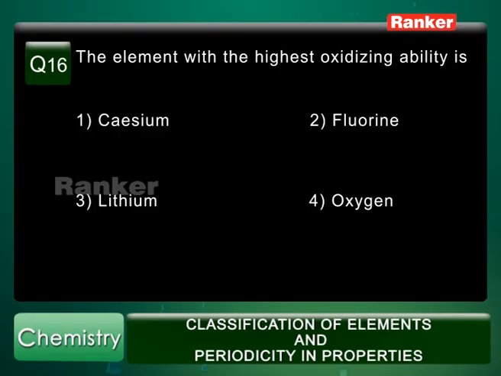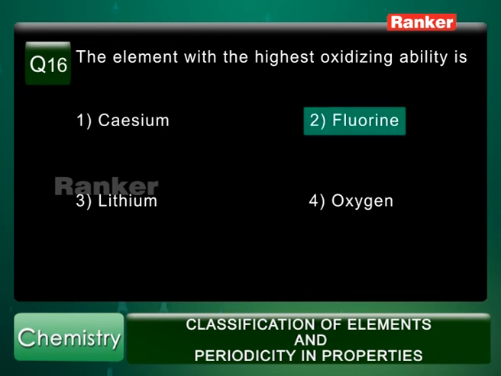Look at the options. Cesium has a tendency to lose electron, it acts as a good reducing agent. Fluorine is highly electronegative, so it is a good oxidizing agent. Lithium again is a reducing agent because it is an alkali metal, tends to lose electron. Oxygen is also an oxidizing agent, but between fluorine and oxygen, fluorine is more powerful because of its higher electronegativity. So, the correct answer is 2.